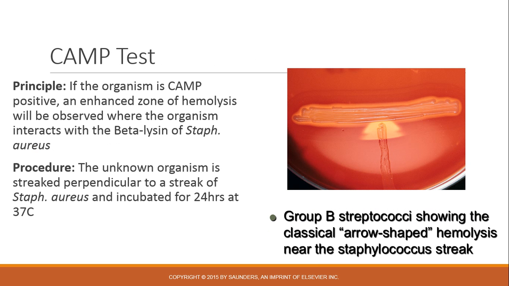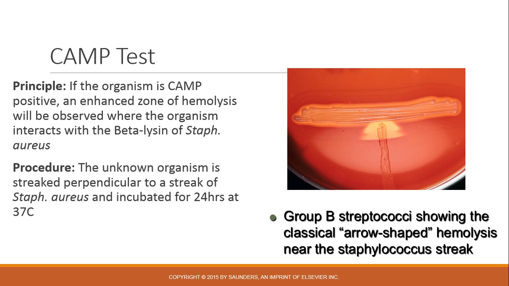All right, the CAMP test, this is used to identify group B streptococcus. Basically, if the organism produces this CAMP factor, then wherever it interacts with a beta lysin from Staph aureus, you're going to see enhanced hemolysis. So we take this beta lysin producing Staph aureus and we make a line in our sheep blood agar.